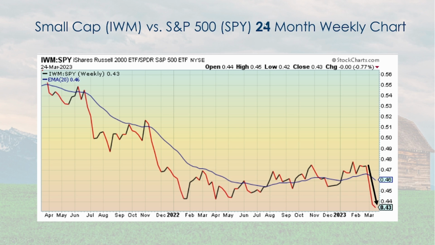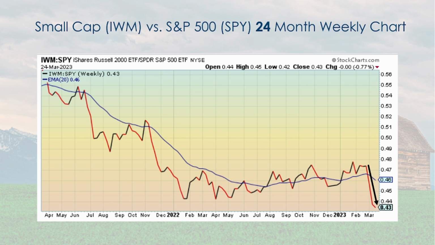This is a 24-month chart of the small cap index, the Russell 2000. The ETF is IWM, and that is compared, on a relative strength basis, to the S&P 500, represented by SPY.